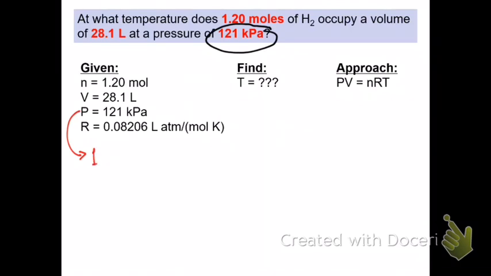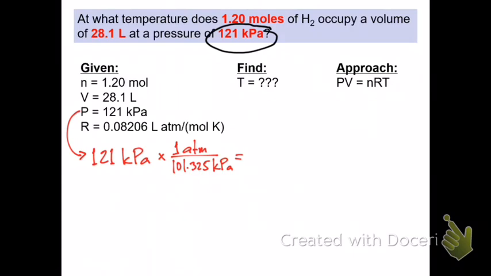So we have 121 kilopascals, so 1 atmosphere is equivalent to 101.325 kilopascals.